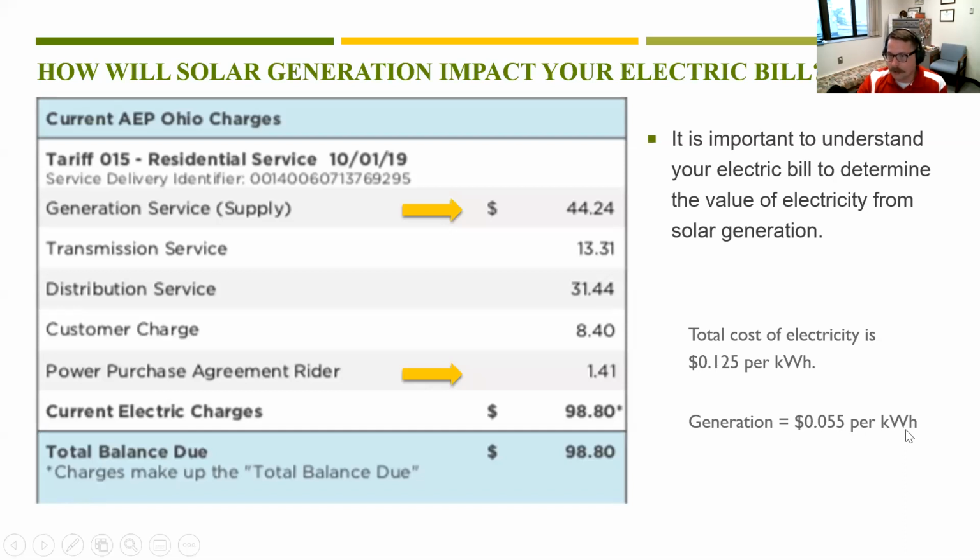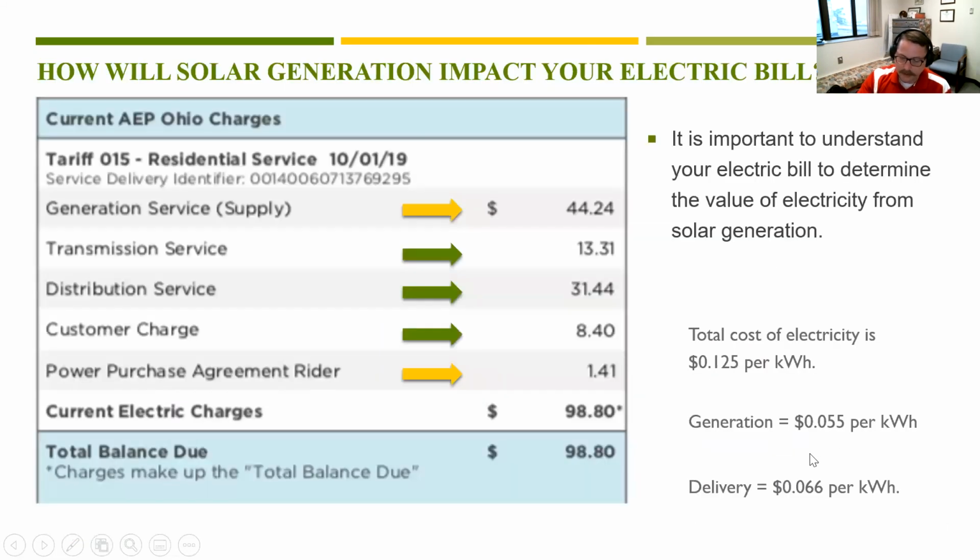This is in dollars per kilowatt hour, and my brain thinks in cents per kilowatt hour, so sometimes I just move the decimal place in my head. 5.5 cents per kilowatt hour. The transmission, distribution, and customer charge all total to be 6.6 cents per kilowatt hour. And so it is higher than the generation.